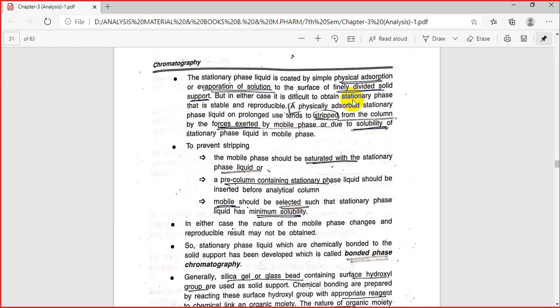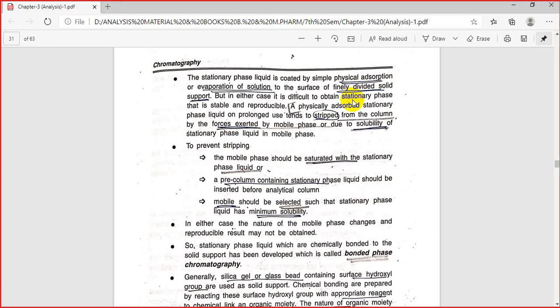In both cases, there is physical adsorption or evaporation of solution. The difficulty is that the stationary phase obtained may not be stable and reproducible, and we said the stationary phase should be what?